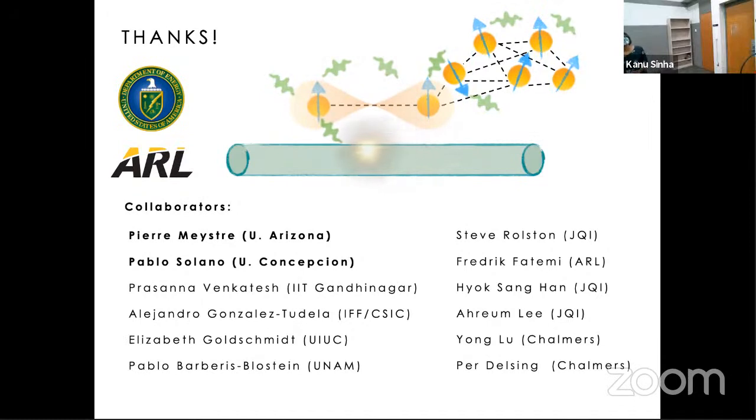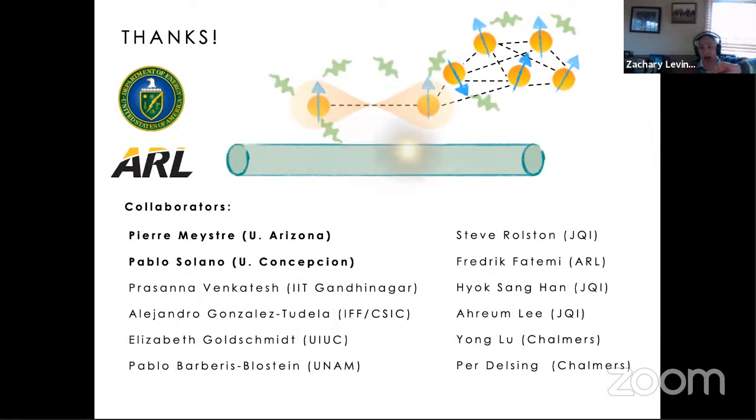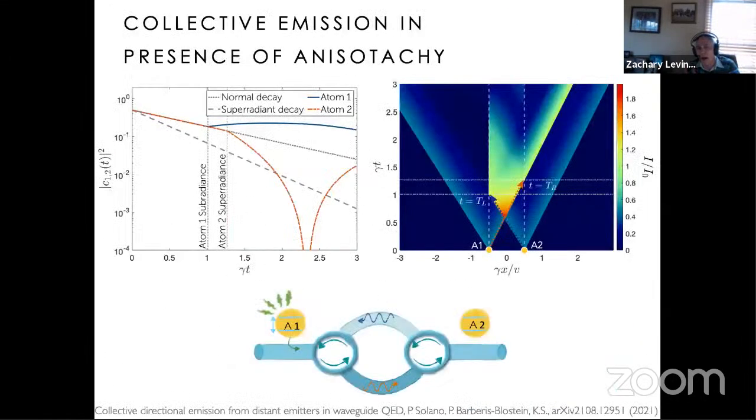Is it possible to know the sign of the interaction in advance? Is that something you would get from a Bell state measurement or something? Sign of the interaction where? Sorry. Well, you've got the two atoms.